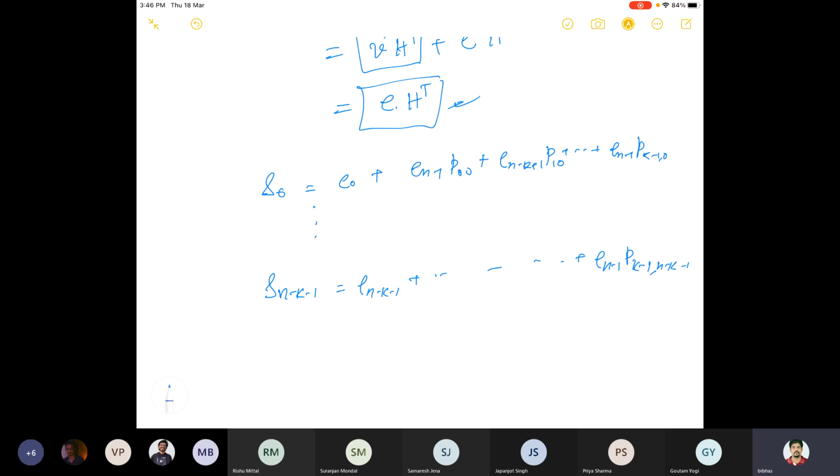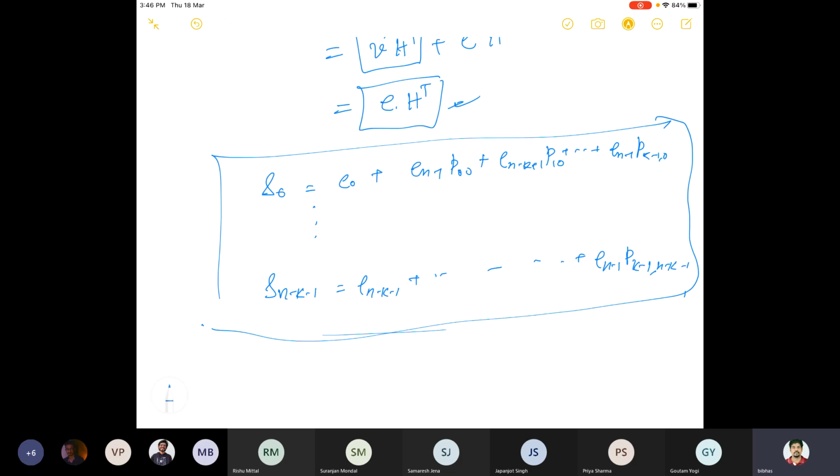It may apparently seem like, since this is a set of linear equations, and I know everything, the S_i's I know and the P_ij's I know, I can easily solve this and find out what the errors are, just from the syndrome itself. But this is not possible. Why?